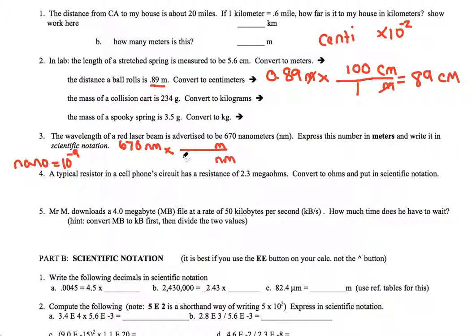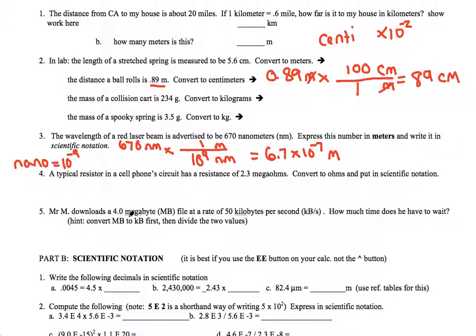That tells me that it's less than the meter, so the meter is the bigger unit. I put a 1 next to that, and then I say there's 10 to the positive 9, because there have to be many more nanometers to make one meter. If I divide these two numbers, I get an answer of 6.7 times 10 to the minus 7 meters.